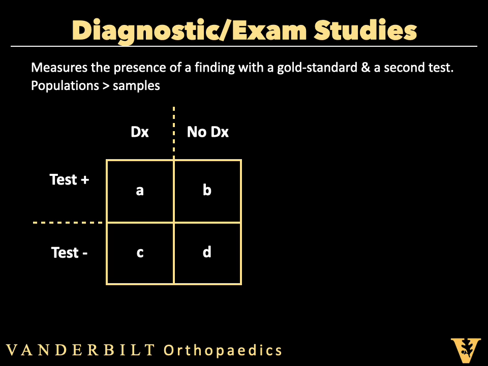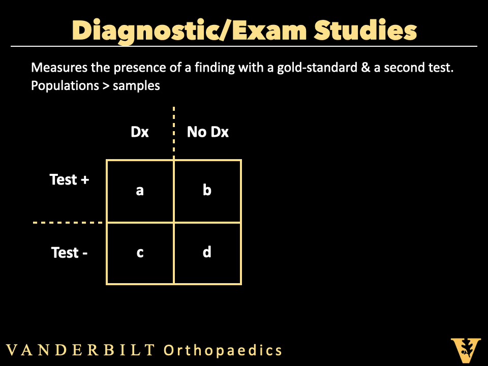biopsy to identify a certain tissue pathology, like the fibrosis seen in adhesive capsulitis, and simultaneously we measured the volume of fluid in their arthrogram. Is there an association between the fluid volume that a shoulder can hold during an arthrogram and the pathologic presence of fibrosis in their capsule?